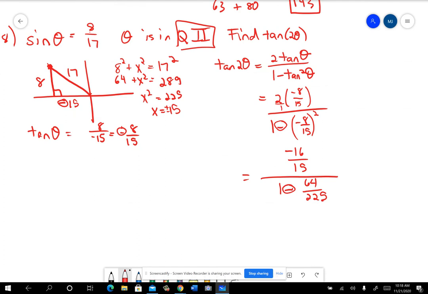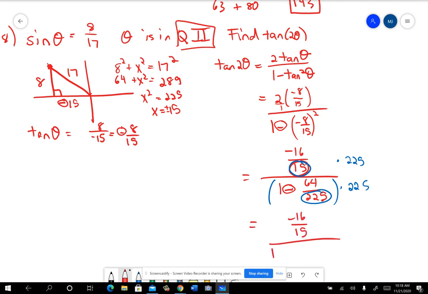All right, now here, see how I have a complex fraction? Let's use that little idea I was teaching you. This is 15, this is 15, this is 225. I could use 225 and multiply the top and the bottom by 225. If I did, that 225 would get distributed, wouldn't it?